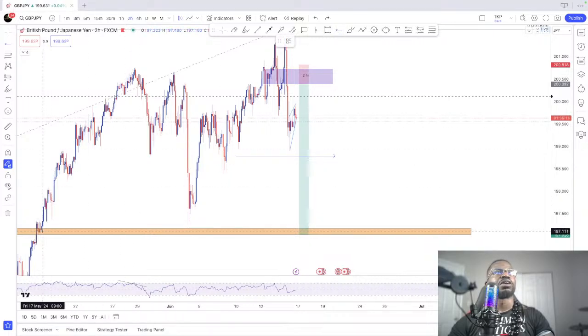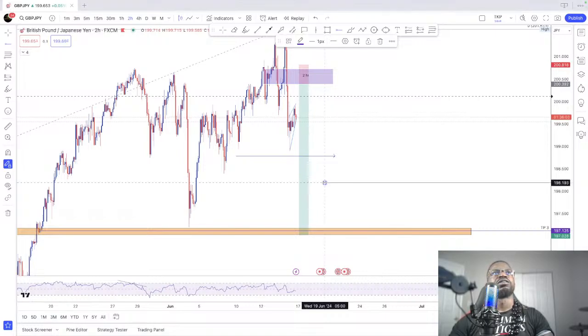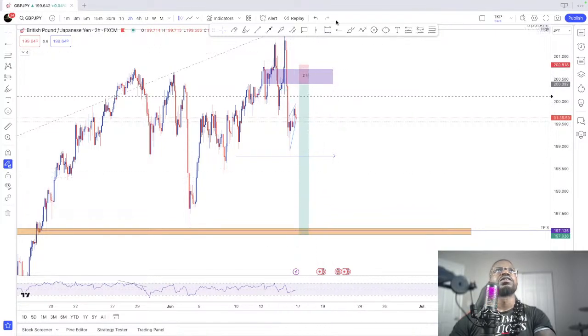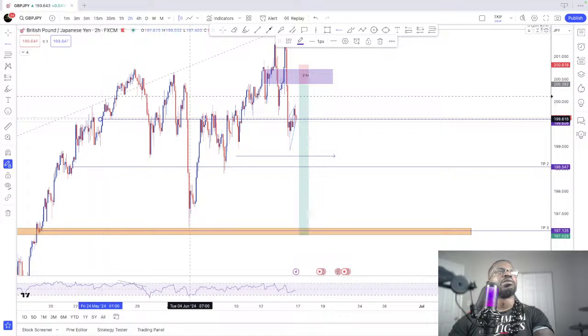What I do, in most cases, is go about 33% of the entire trade setup for each target. Let's try out these lows for TP2 and this area right here for TP1. If you start setting your targets at those areas, you'll see in most cases you'll get them hit.